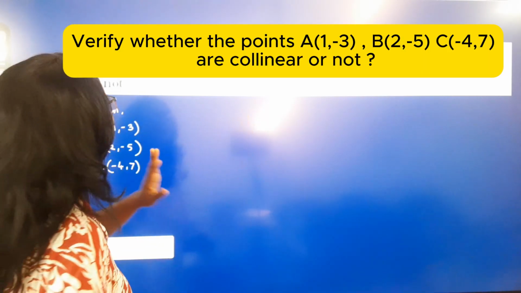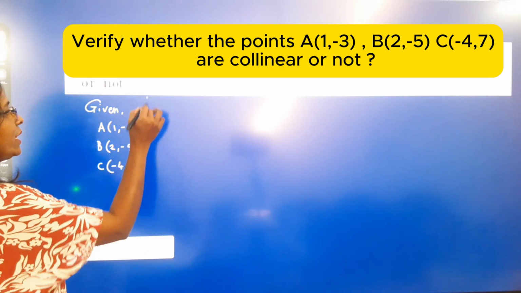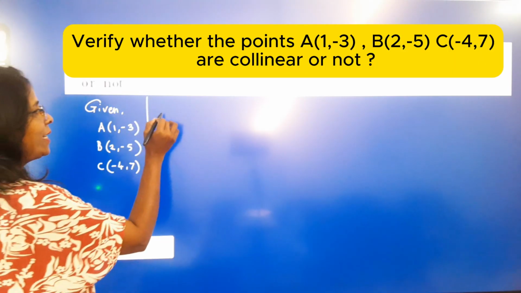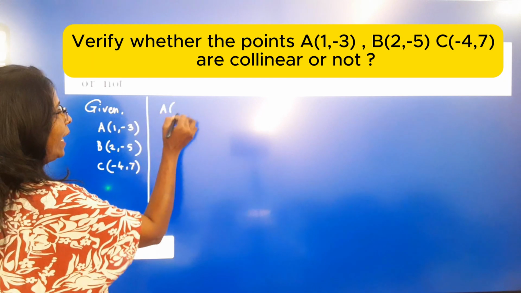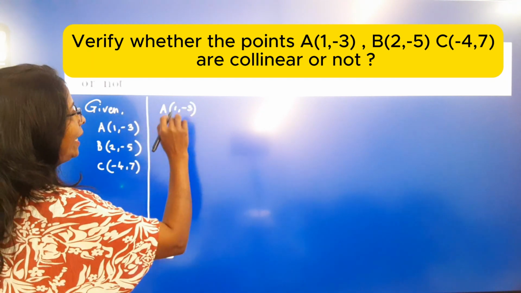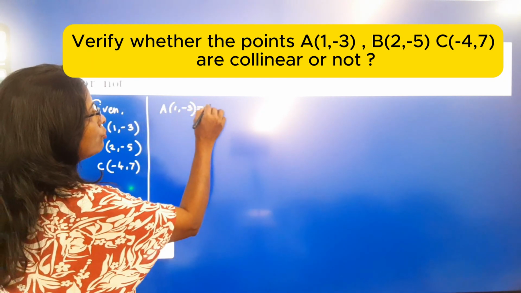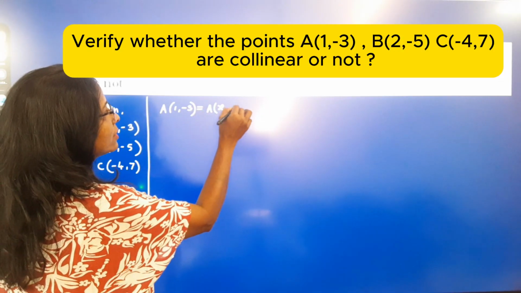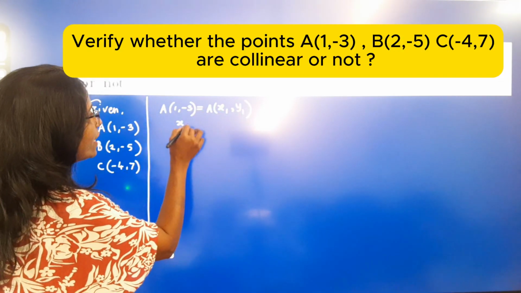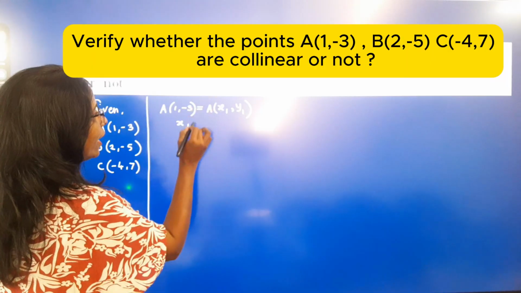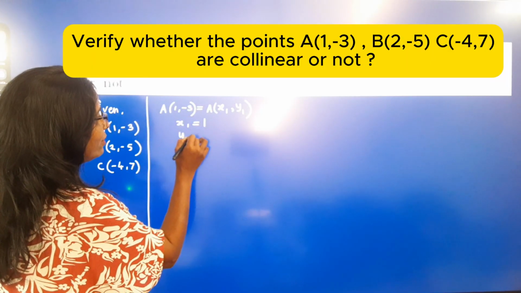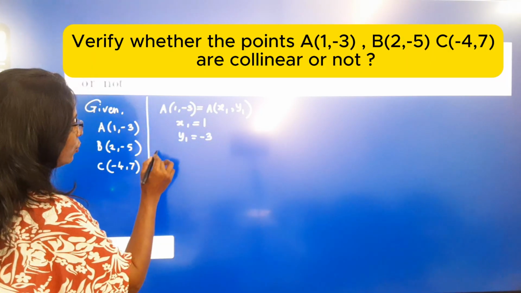And we have to find either that is the collinear or not. Okay, so I write here, take the first point A (1, -3), which is equal to A (x1, y1). Consider x1, y1. So here x1 is equal to 1, y1 is equal to -3 students.